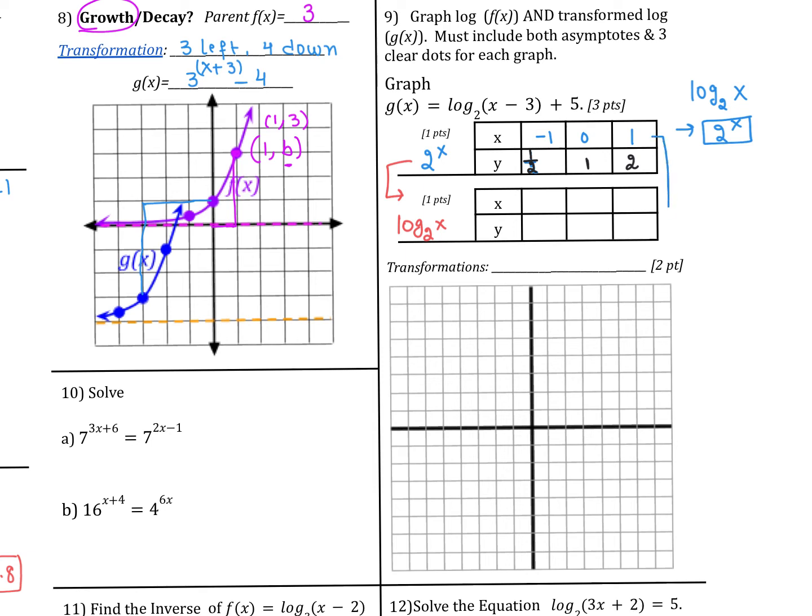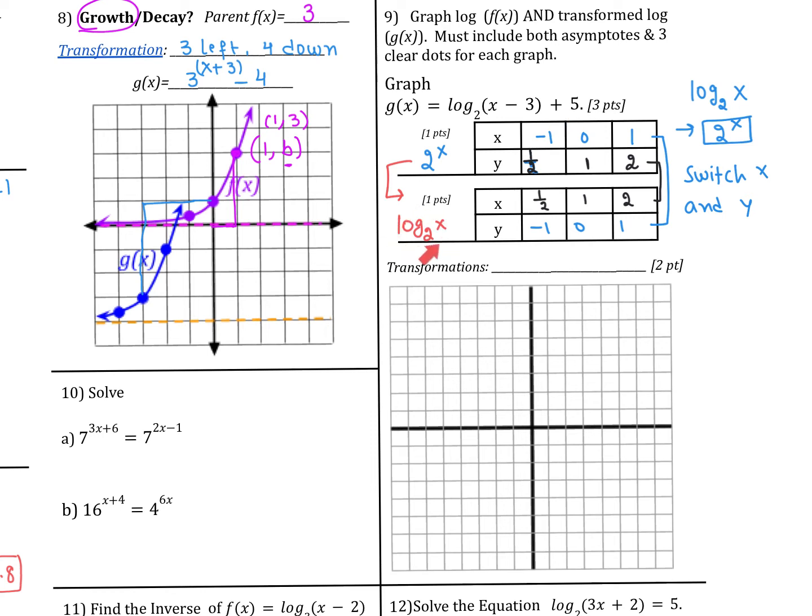Switch x and y. So this goes here, and this one goes here, which is 1 over 2, 1 and 2. The parent function for log is log base 2 of x. So we're going to graph the parent function, and then we are going to translate this 3 to the right and 5 up.